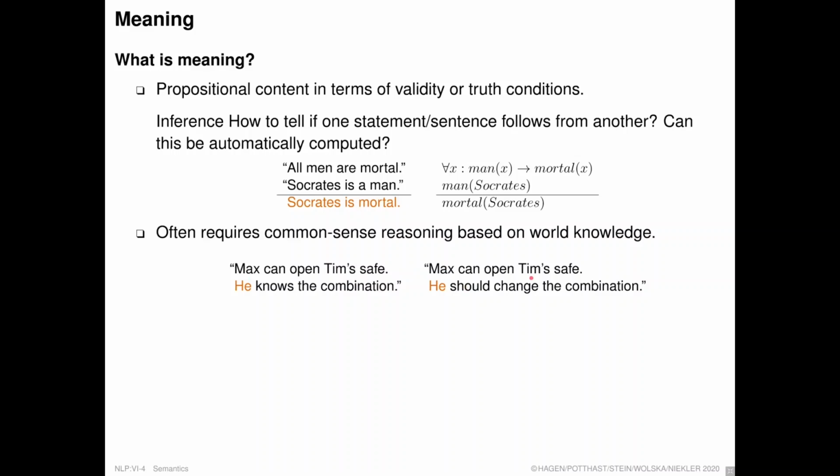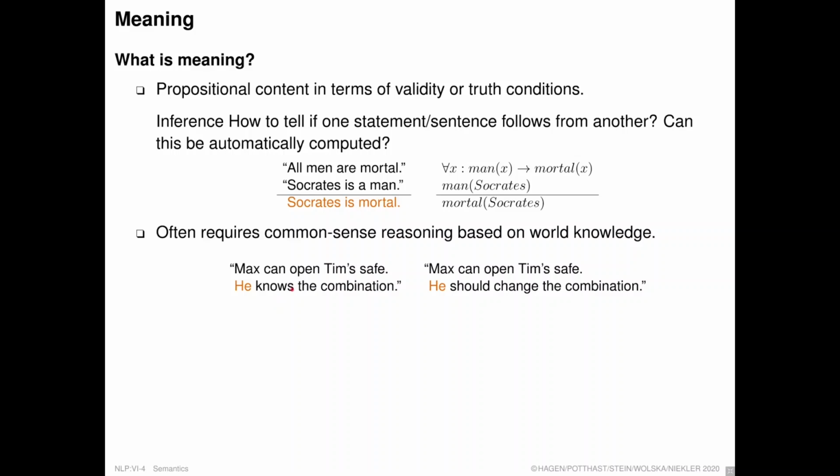In the other case, he refers to Tim, and the pronoun has to be resolved to the right entity in each case, and we use, for instance, world knowledge for this. So here, changing the combination refers to the safe, and so it's more likely that the person who has the safe should change the combination of the safe's lock.